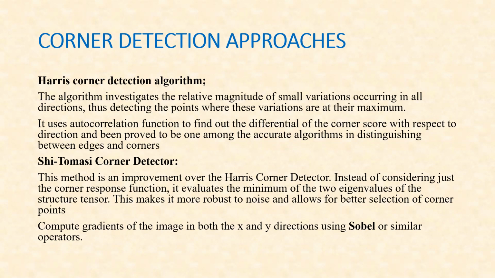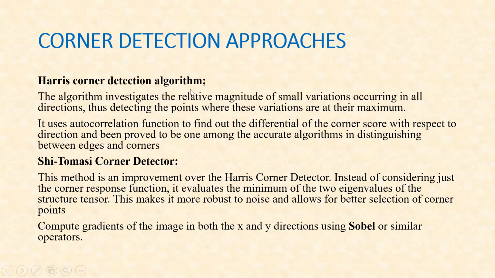These are the various corner detection approaches. There are quite many, but I came up with those few. There is what we call the Harris corner detection algorithm. The Harris corner detection algorithm computes the magnitude of small variation of points occurring in all directions, and therefore detects corners within an image.